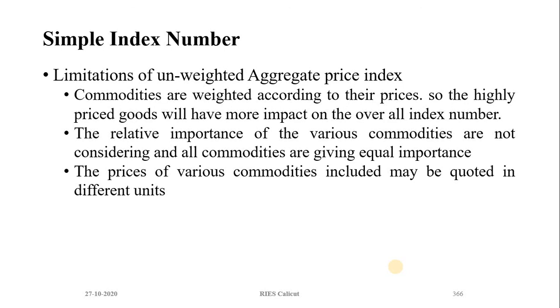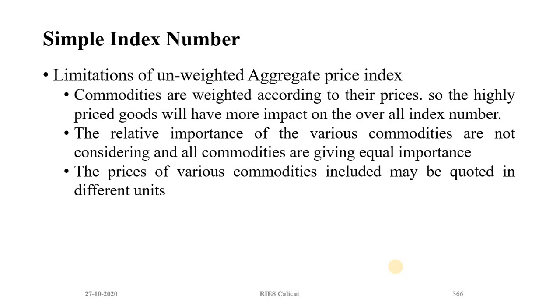The second thing is that the relative importance of the various commodities is not considered, and all commodities are given equal importance. In this method we are not giving any weights; without considering the importance of the commodity in the consumer basket, we give all equal importance.